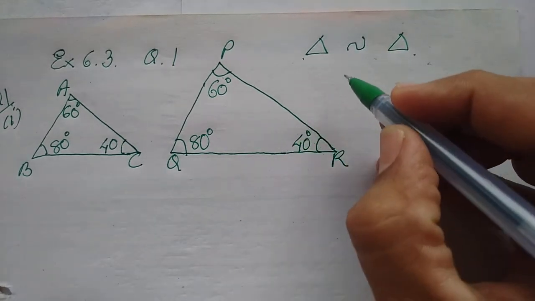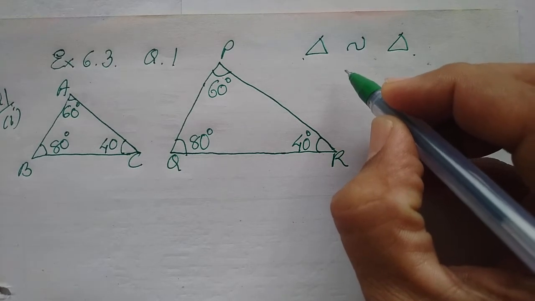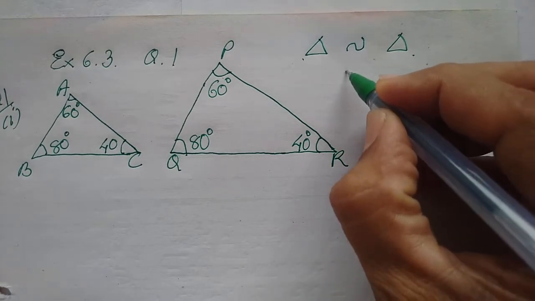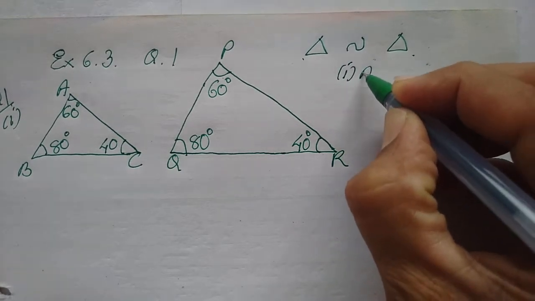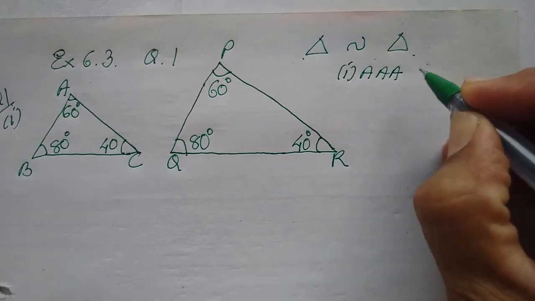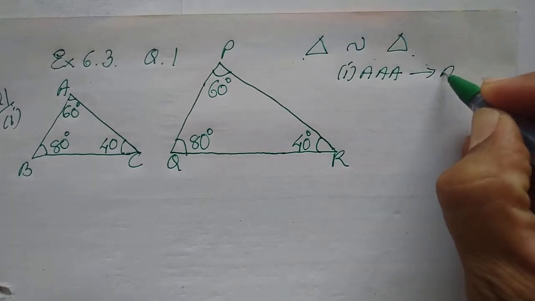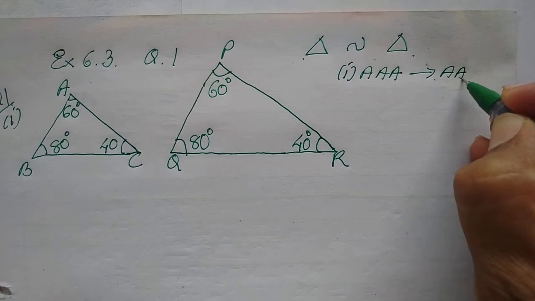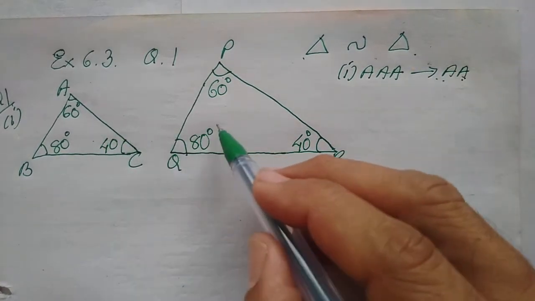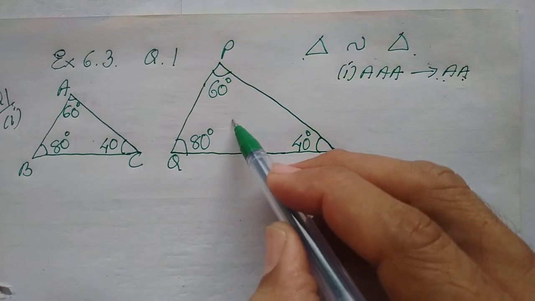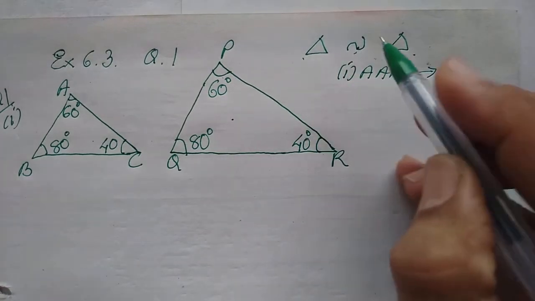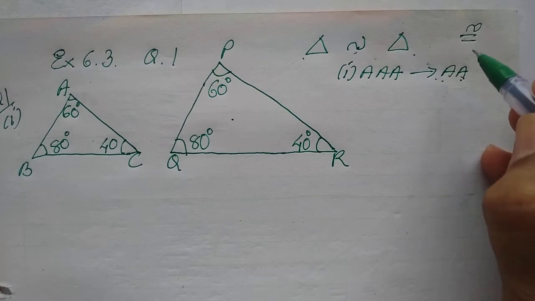For that, we have to use our criteria. We had AA also. If we use AA, then we can say that the given two triangles are similar triangles. Children, this is the similarity symbol, this is the congruent symbol.